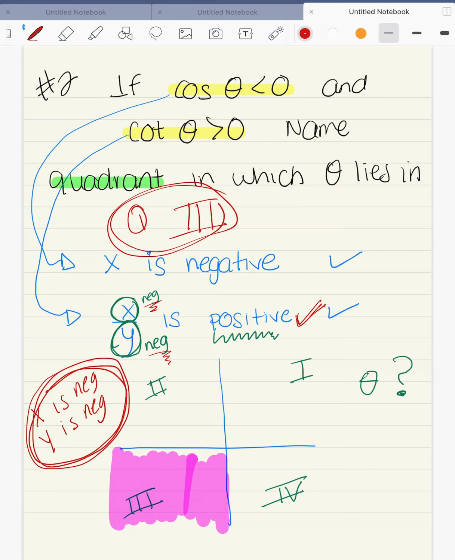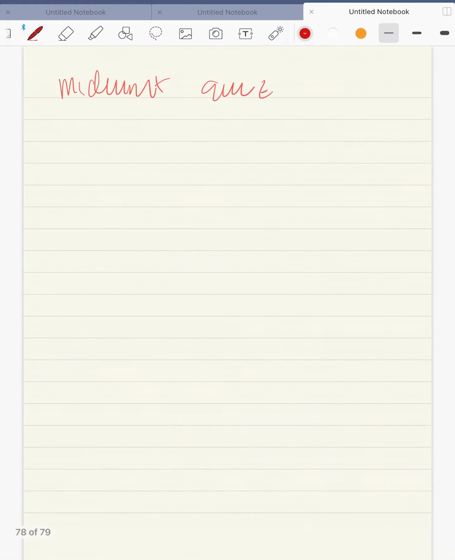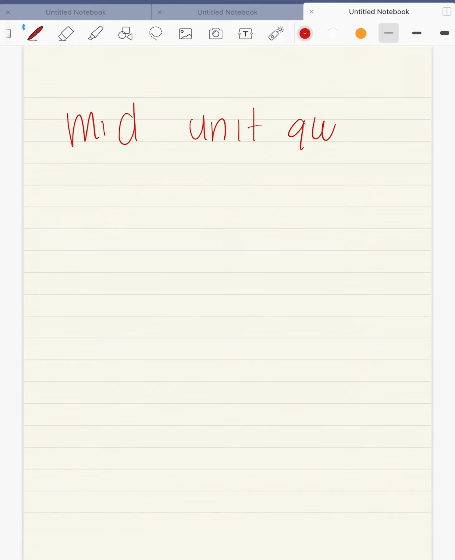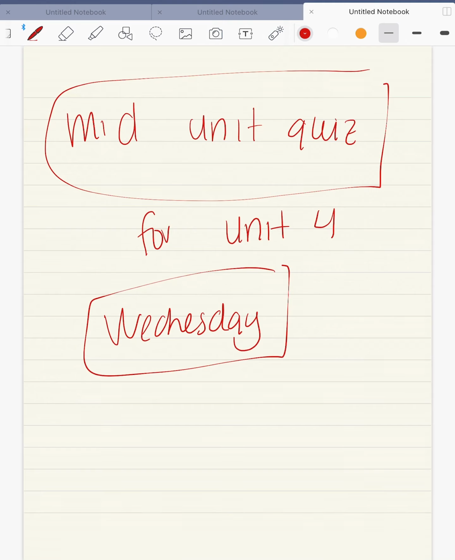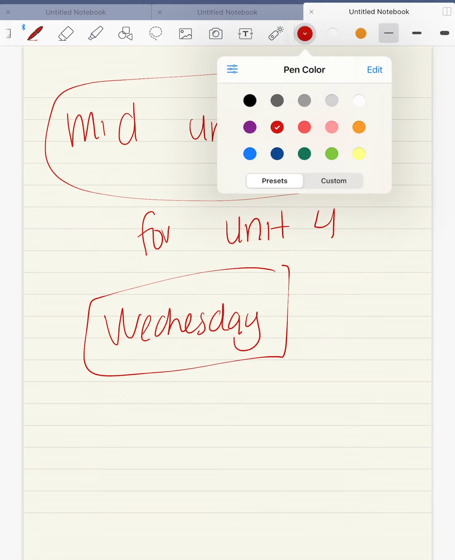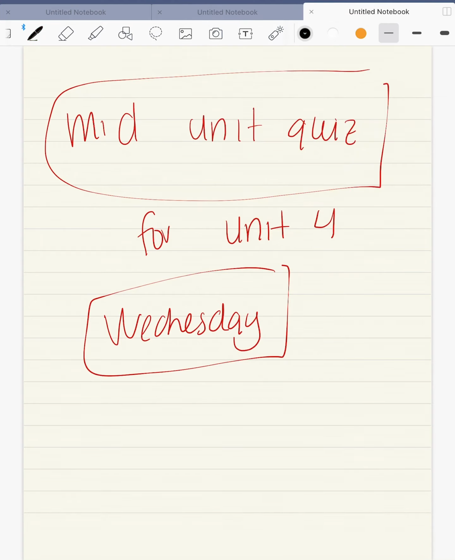Now, by doing these problems, this whole lesson, we are practicing for the first quiz. We're gonna have a mid-unit quiz for this unit, which is unit 4. It is going to be on Wednesday, guys, because on Tuesday you're going to be taking the ACT. I don't know if all of you are going to be taking the ACT, but most of you are.